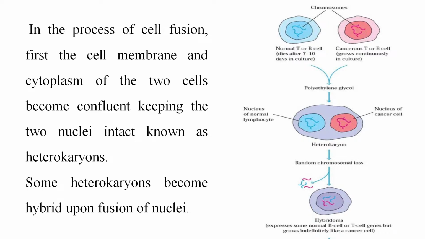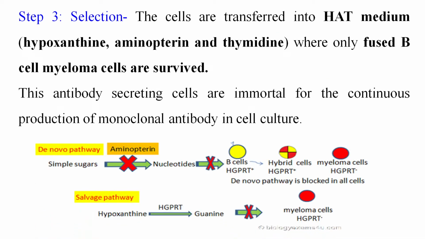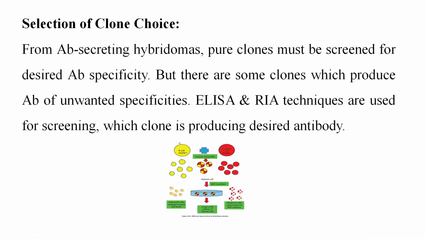That is not under our control. When the two nuclei are fusing with each other, randomly some genes will be lost. Sometimes some of the genes that are lost might be the genes that are of our interest. They might be the actual antibody secreting genes. So that is the reason this selection of clone choice also has to be considered.